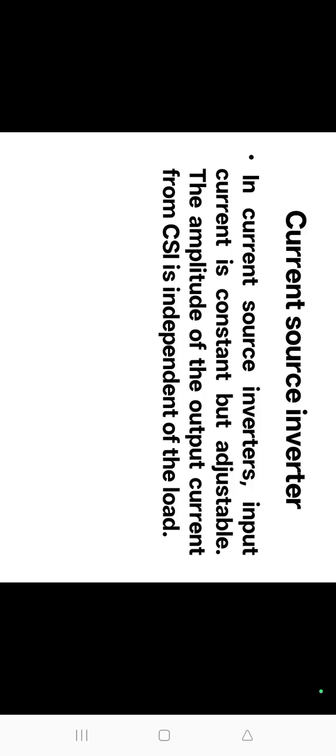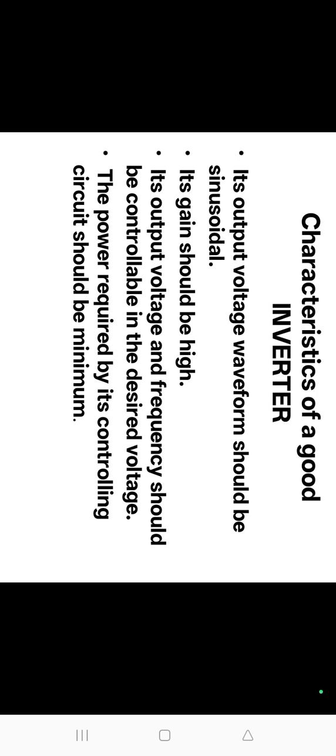When IGBTs T3 and T4 are gated to initiate mode 2, the inverter input voltage Vs goes negative and remains negative throughout this interval. Hence, input power Vs times I is also negative, indicating the power is being returned to the DC current source.